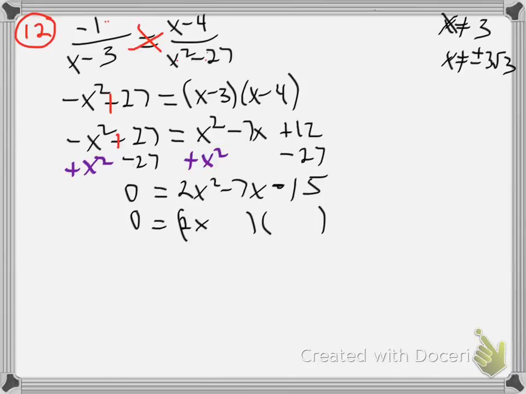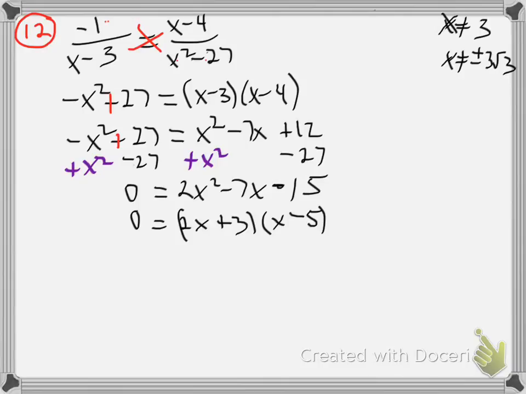So it's 2x and x, and then I want 2 times 5 is 10, and then you want this to be a 3. So that's going to give me 3x's here, 10x's here, and they're going to subtract to negative 7, so I'm going to do negative 5 here, positive 3 here.